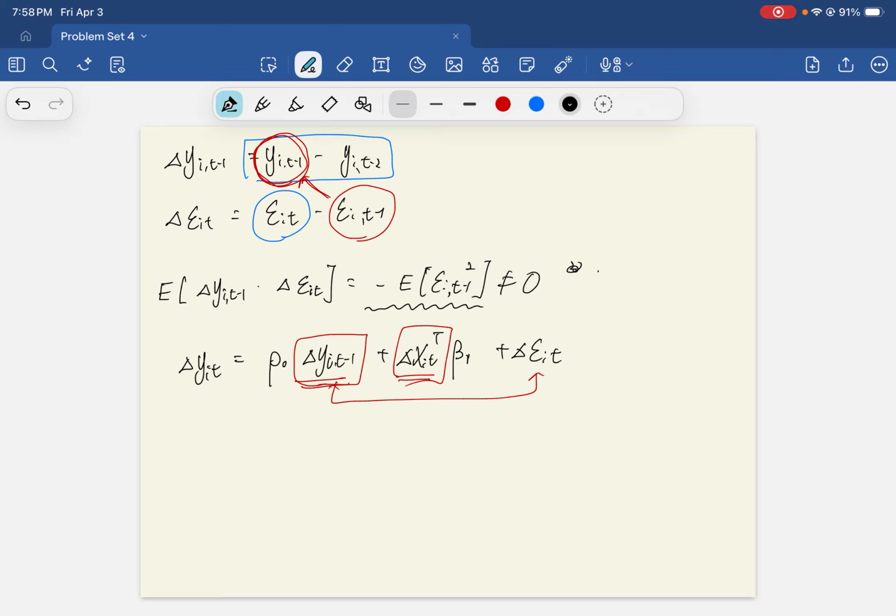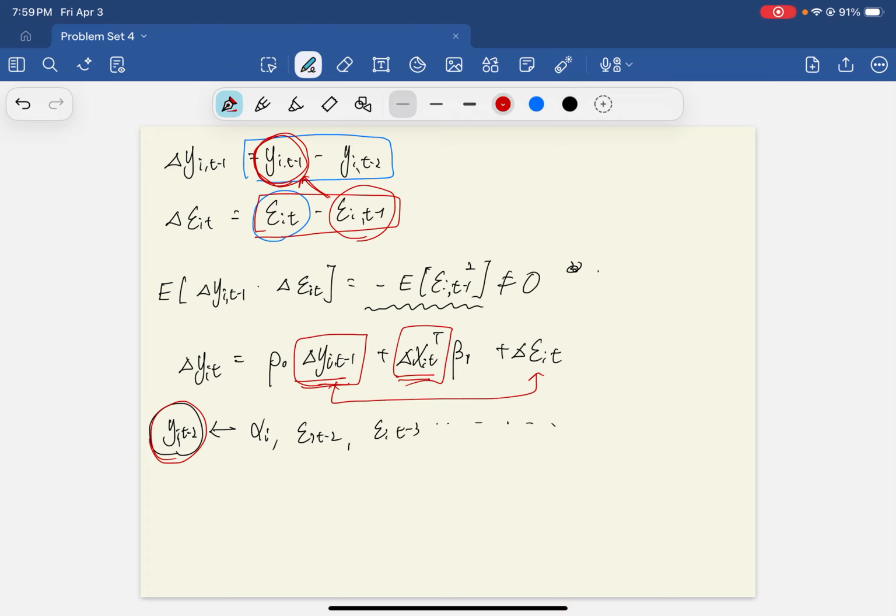Then, how can we do that? What is interesting here is that Arellano and Bond suggested just using y_i,t-2 as an instrument. Okay, y_i,t-2 first, look at this. It is uncorrelated with all these guys. So I said y_i,t-2 depends on alpha and epsilon_i,t-2, epsilon_i,t-3, and all the past values.